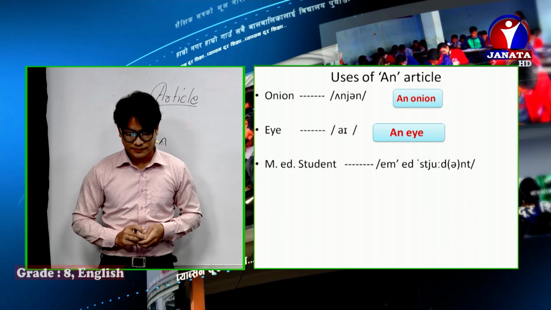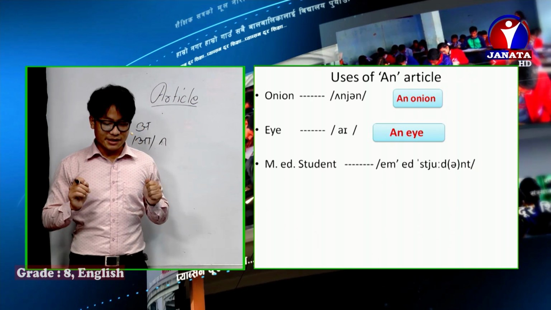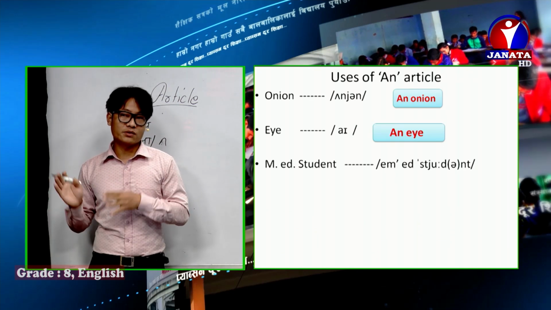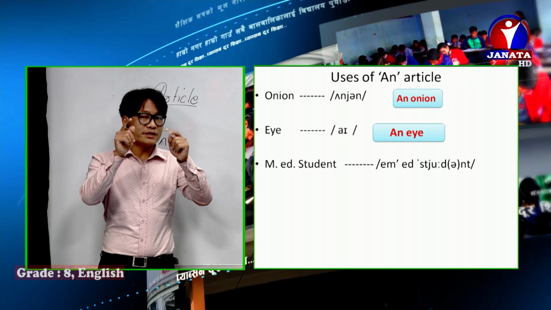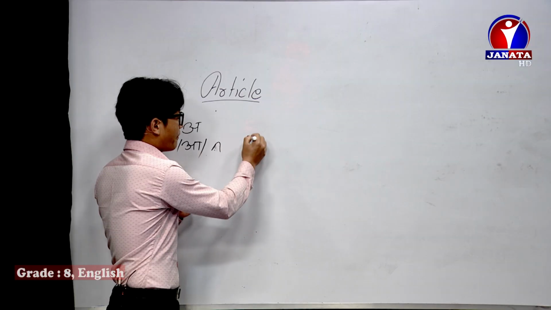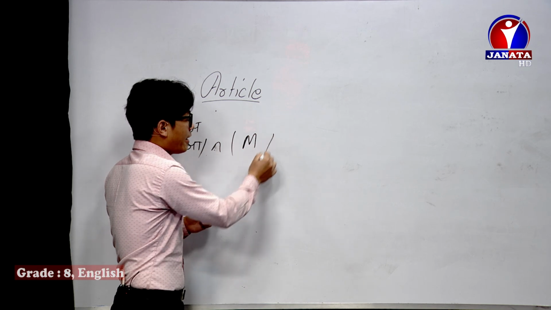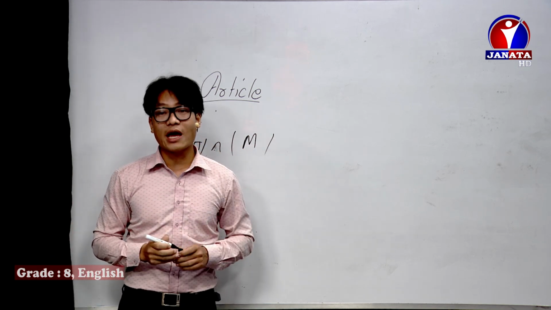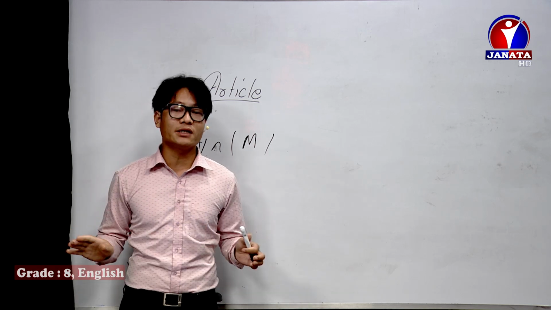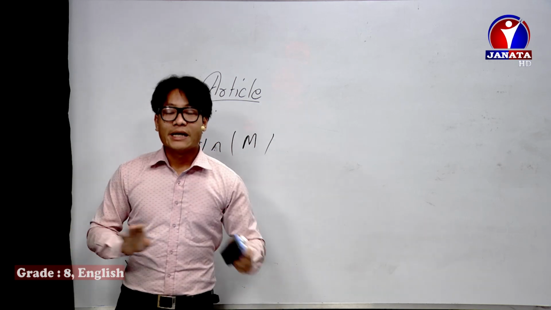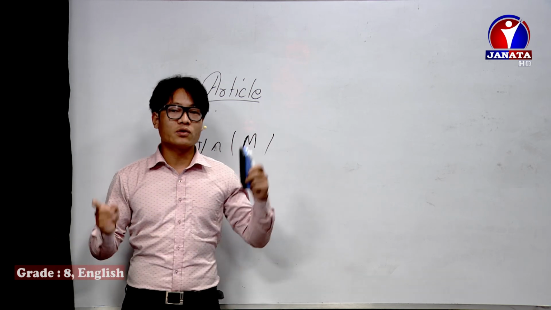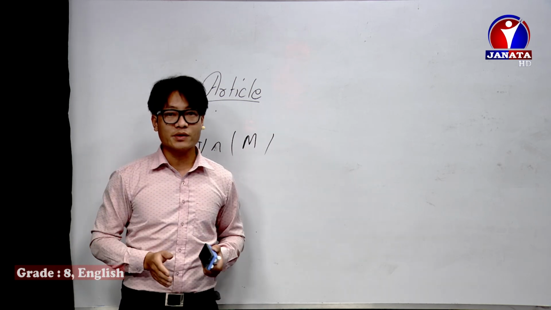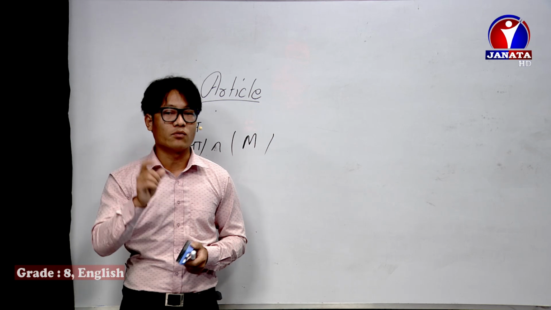Next, am a student. The question is, there is a, and the letter is a consonant letter. I have told you that we are not going to use indefinite article according to the letter. We are going to use article according to sound.